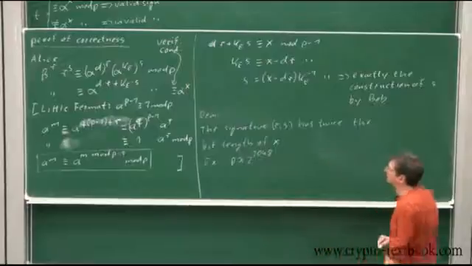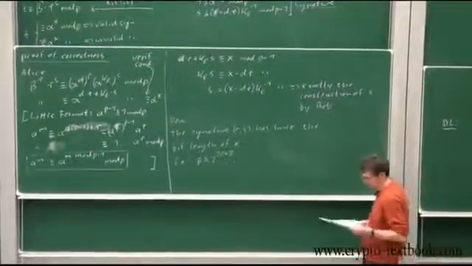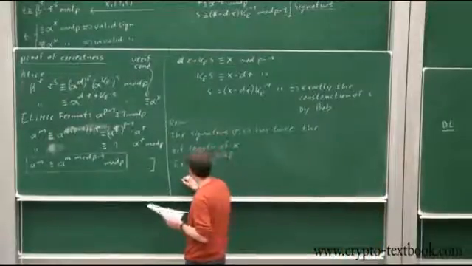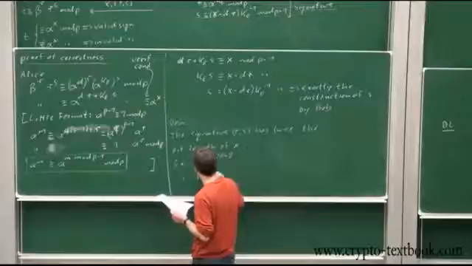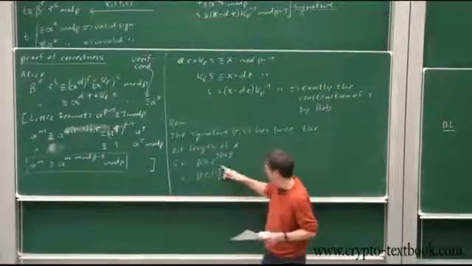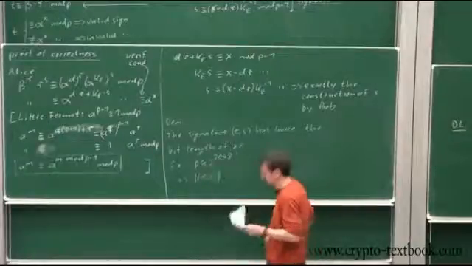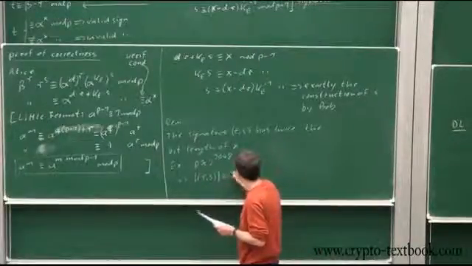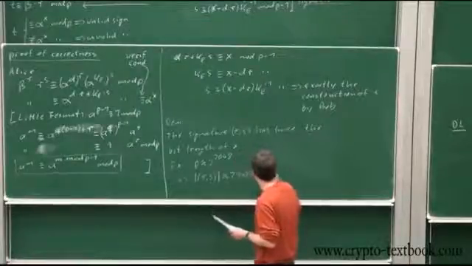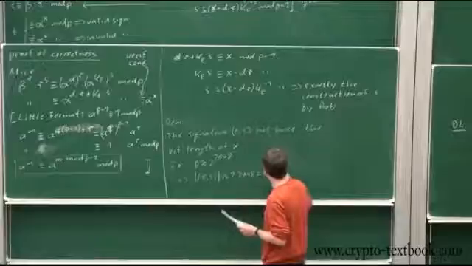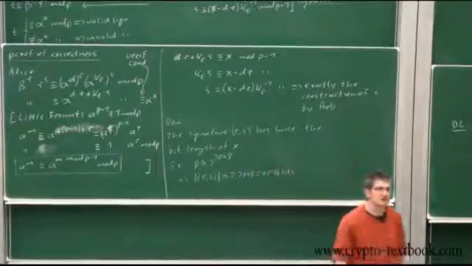If you have a 2048-bit prime for our discrete logarithm problem, then these bars, these are not parentheses, mean the length is 2 times 2048 bits, which is 4096 bits. Just to give you an idea what that means, okay?